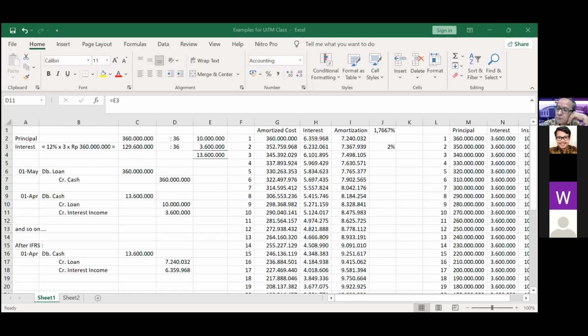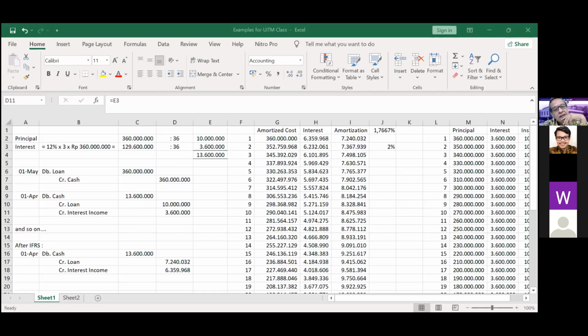So the bank, especially with credit card business, because of this, their profit goes down. The profit goes down because they have to recognize more loan losses. That is the impact on the banking industry.